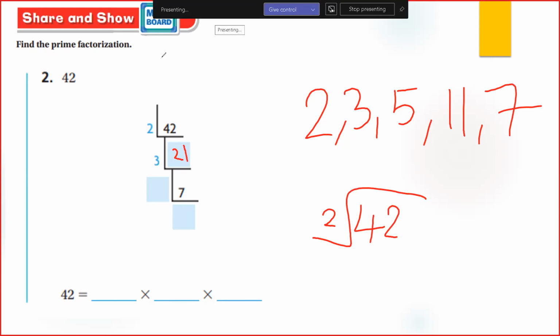Now 21 divided by 3 is 7. 7 divided by 7 is 1. So what are the prime factors? 2 times 3 times 7. Yes.